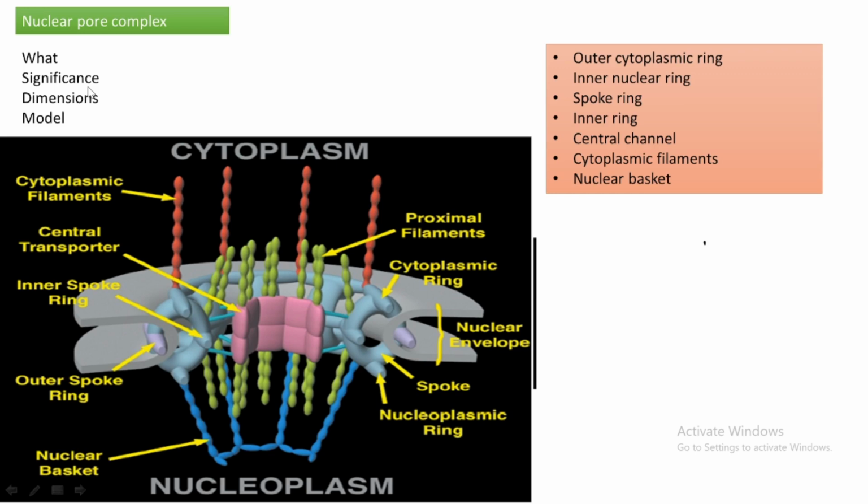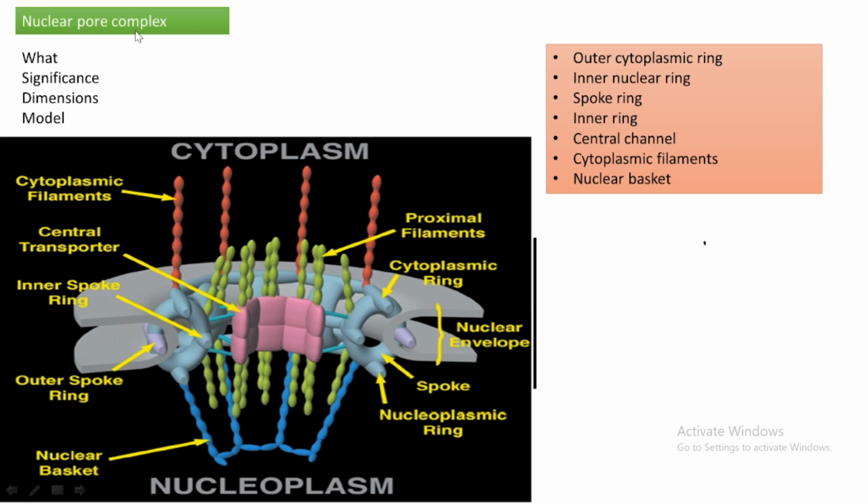They are histones, RNA polymerases, DNA polymerases, gene regulatory proteins, RNA processing proteins. All these are required inside the nucleus. So they all need to be imported towards the nucleus, and that import takes place through the nuclear pore complex.